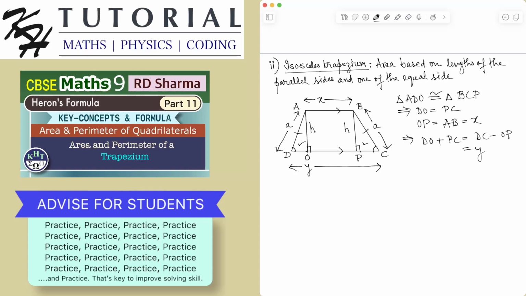DC is y and OP is x, so DO plus PC is equal to y minus x, and also we know DO equals PC. So this will imply that DO will be equal to y minus x by 2.